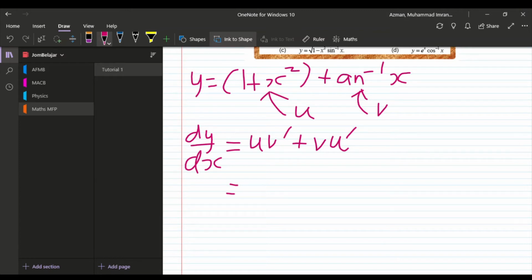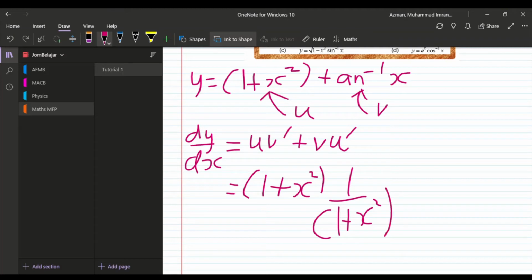So for the uv prime part, we have u, 1 plus x squared, and for v, the derivative of tangent negative 1 x will just be 1 over 1 plus x squared. And you don't have to worry about this because this will probably be in your formula sheet.